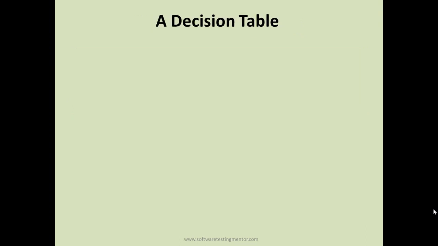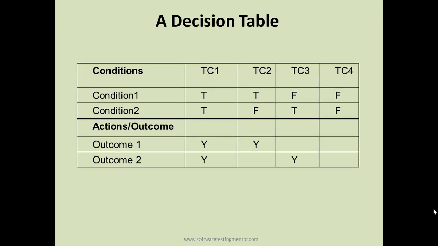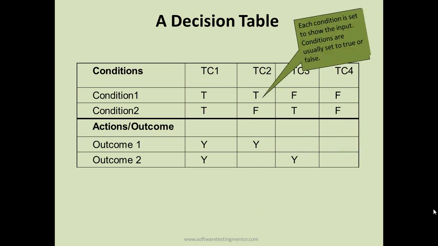So let's see what a decision table looks like. Here is the decision table wherein you have conditions, condition 1, condition 2, and based on the input for the conditions you have the outcome. So outcome 1, outcome 2, or the actions are dependent on the inputs for the conditions.